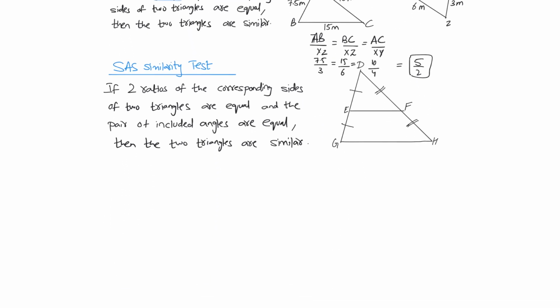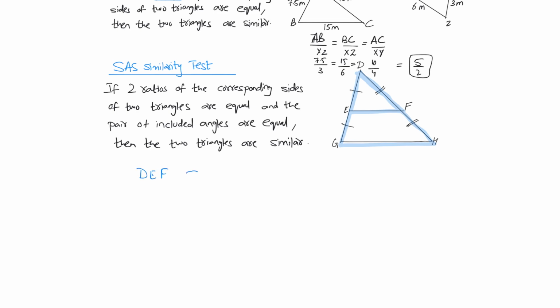Moving on, the other test is the SAS Similarity Test, which is that if you know that two ratios of the corresponding sides of the two triangles are equal and a pair of included angles are equal, then the two triangles are similar. So let's say triangle DEF is similar to triangle DGH. Okay, so let me write this down.